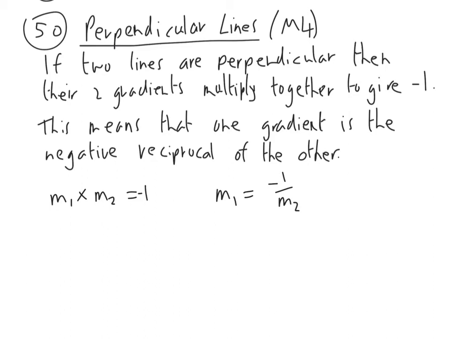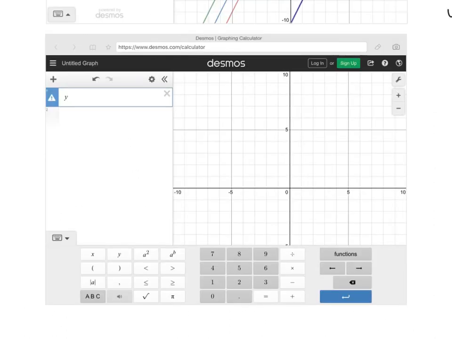So because the two gradients multiply together to give negative 1, if you rearrange, this means that one gradient is the negative reciprocal, so negative, and then 1 over means the reciprocal, of the other. Let me show you what all that means, and give you a bit of time to get your head around it.